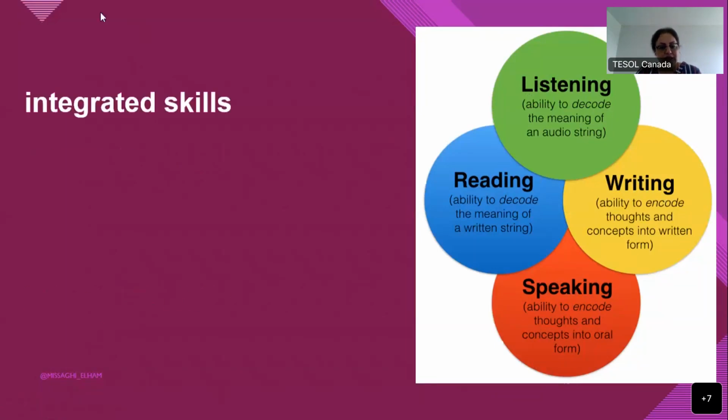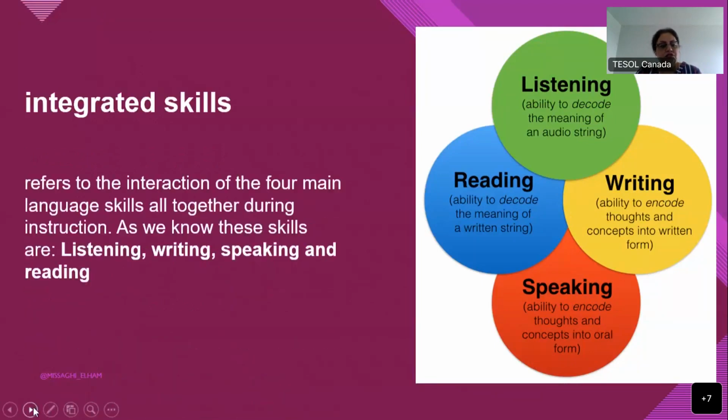So we call it integrated skills. It means the interaction of the four main language skills all together during your teaching, giving instructions, or practicing shows these four skills are always integrated.